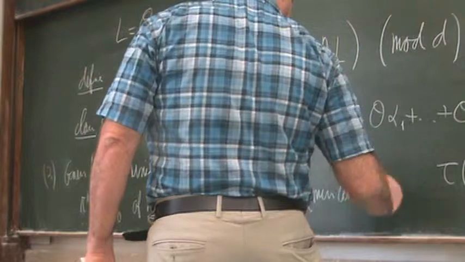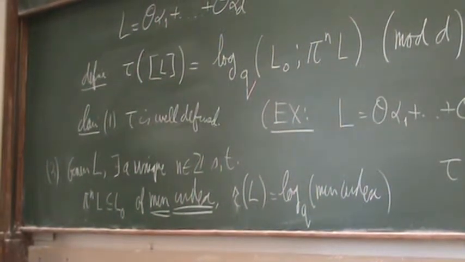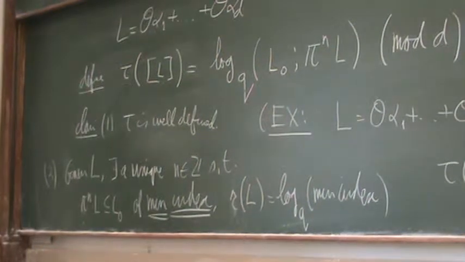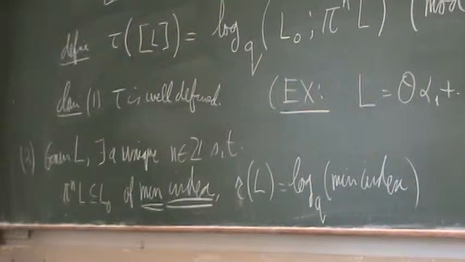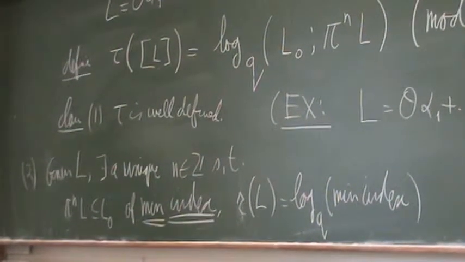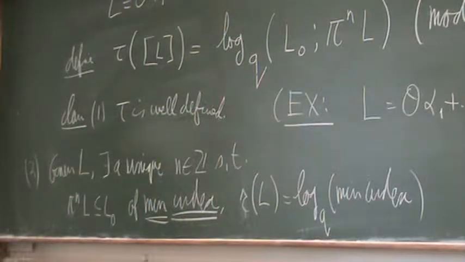I'll tell you already now, I will prove it later on, but somehow I want to explain later on that this R of L is going to express for us, in some sense, the distance on the building between L0 and L, the equivalent class of L0 and L. We'll talk about that.